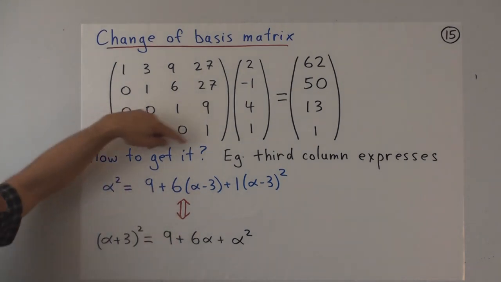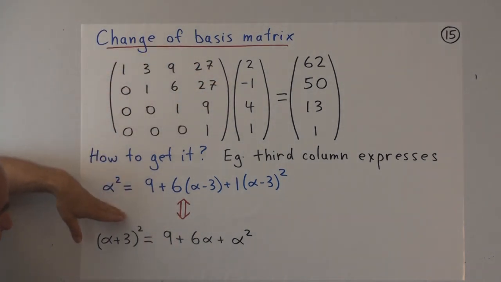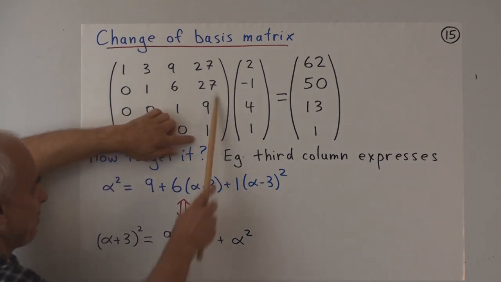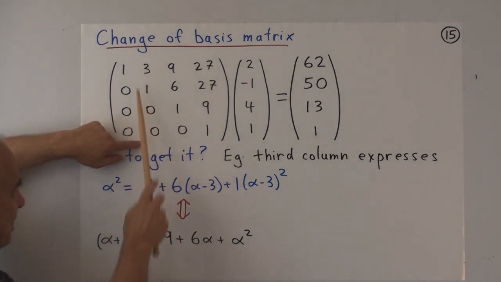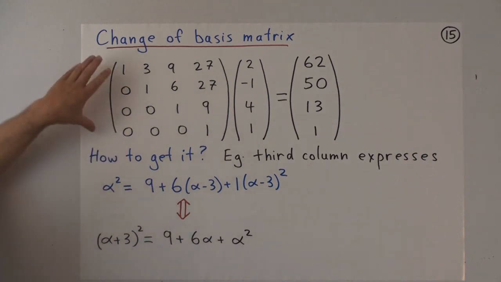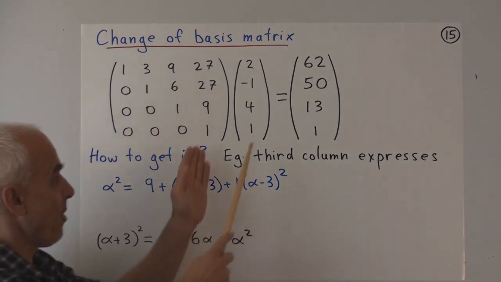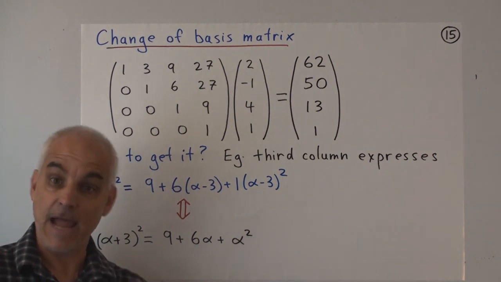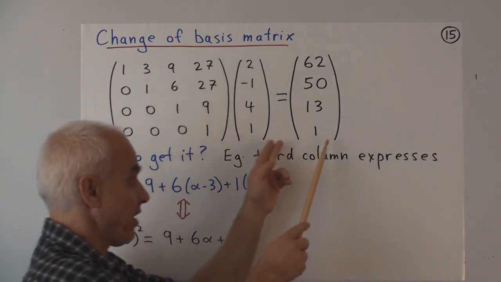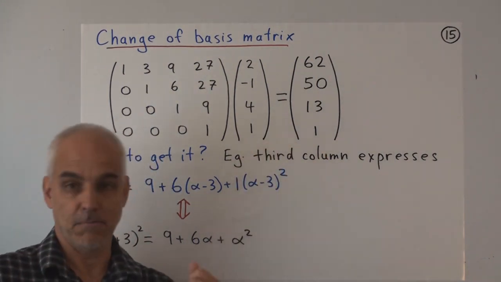And this is just obtained by expanding this thing out. All right, so please check that a similar argument explains how to get that fourth column, also the second column, also the first column. So make sure that you understand how to get this matrix that represents, what does it represent? It represents changing from a coordinate vector in the standard basis to a coordinate vector in our new basis B sub 3.